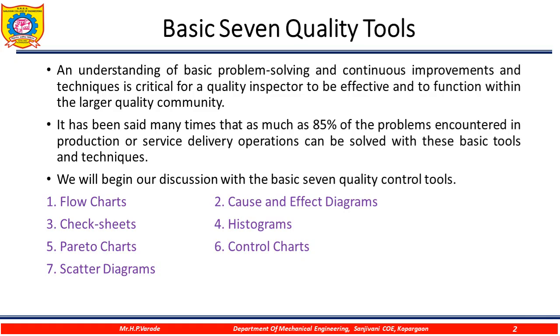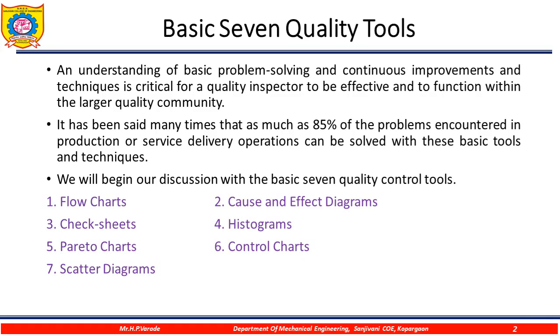When we need to solve problems and continuously improve, these basic 7 quality tools are required. It has been said many times that as much as 85% of the problems encountered in production or service delivery operations can be solved by these basic tools and techniques.